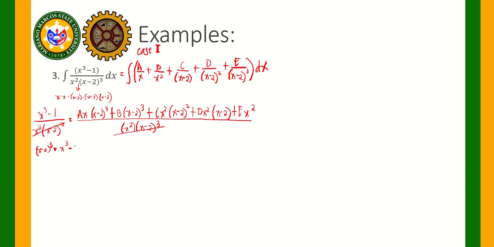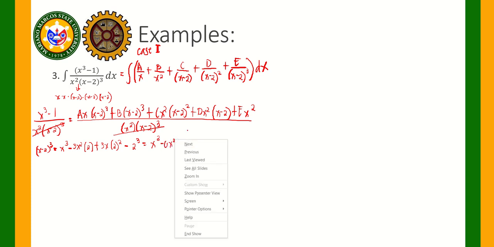And then, this will be equal to 3x squared times 2 plus 3x times 2 squared and then minus 2 cubed. So, this will be equal to x cubed minus 6x squared plus 12x minus 8. So, ito ngayon yung expansion ng x minus 2 quantity cube natin.